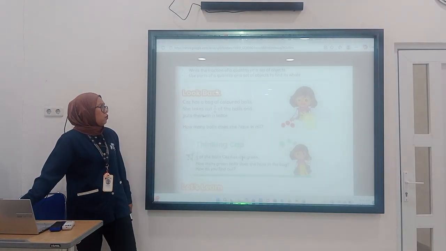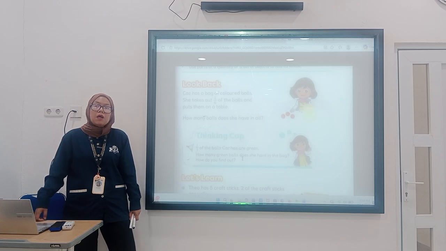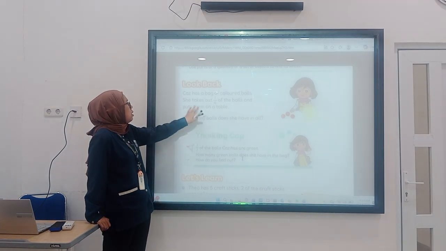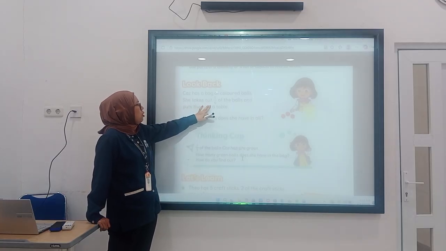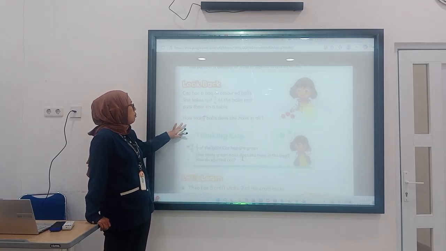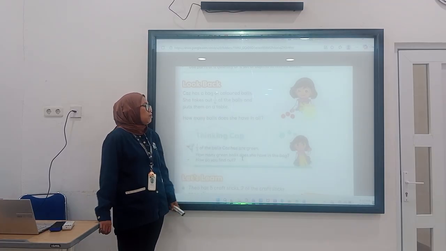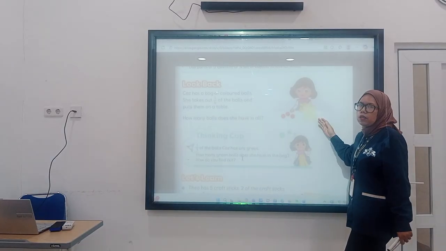So in this part, students will learn about how to count the total number of something from a part of something. So for example, like this, Cats has a bag of colored balls. She takes out 1/4 of the balls and puts them on the table. So how many balls does she have in all? Students first don't know how many balls are there in total in the bag, right?